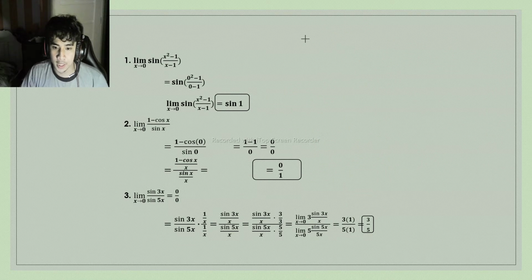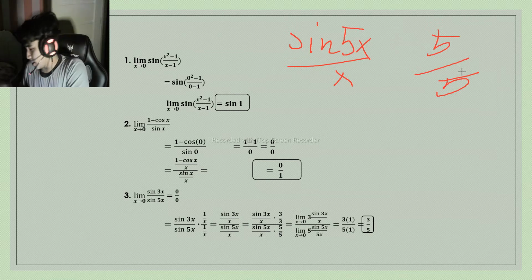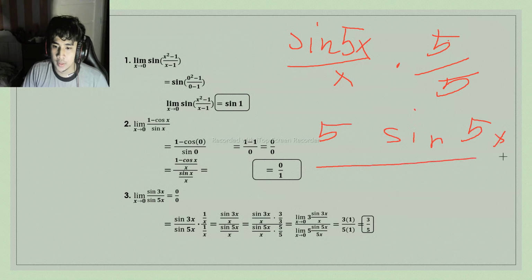Sin 5x over x times 5 over 5. I-multiply ulit natin 5 sin 5x over 5x. So ayan na, lumalapit na yung sagot natin.